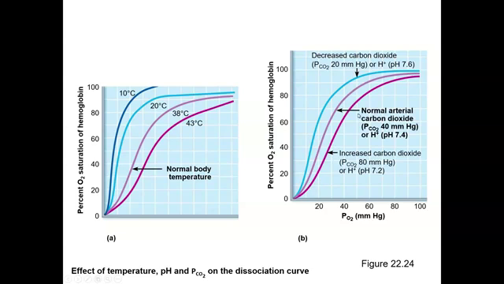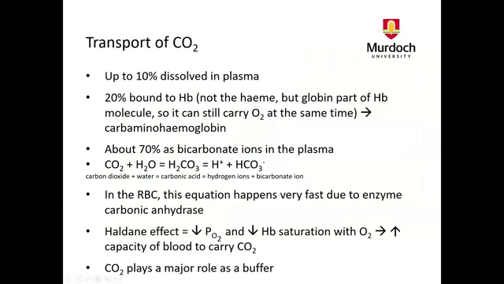We want the hemoglobin to get rid of the oxygen much, much easier and pick up the carbon dioxide instead. So that's what's called the right shift. The opposite is the case, as you can see here, with cooler temperatures or with decreased carbon dioxide. We'll talk about that in the tutorial as well.